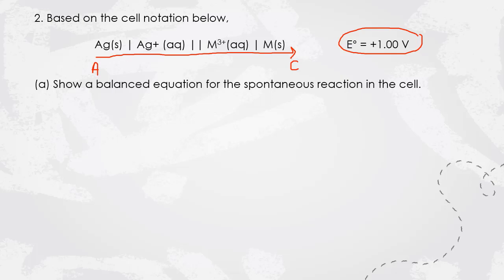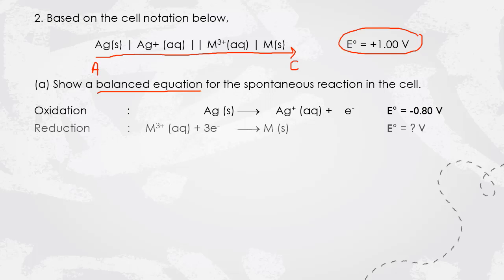What is meant by balanced equations? A balanced equation can only be determined when all the electrons have been transferred from one half cell to another. So you need to translate the cell notation given into oxidation and reduction reactions respectively. We have the anode, which undergoes oxidation, consisting of silver, so we write it as this half cell, followed by the unknown M electrode, which undergoes reduction. In order to get the balanced equation, we need to first cancel out the electrons.